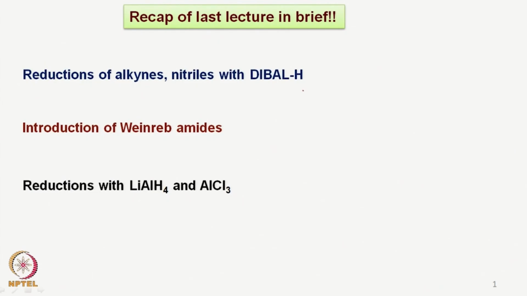We also looked at the conversion of nitriles to the aldehyde or ketone depending on what nitrile we take. In the case of a nitrile, it will of course be an aldehyde with DIBAL-H, and how we could stop it from further reduction to the corresponding amine.